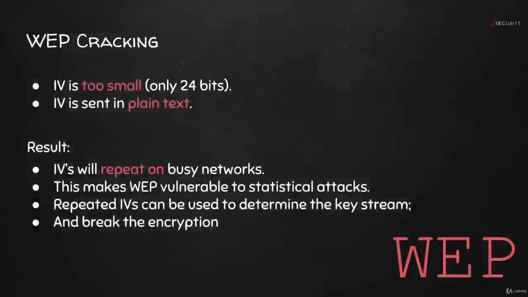Now, considering the huge amount of traffic that can be generated on a Wi-Fi network, this number is not big enough, and the IVs will start getting repeated in a busy network. This makes WEP vulnerable to statistical attacks, so we can use a tool called AirCrackNG to determine the key stream once we have enough repeated IVs, and from that it will also be able to crack WEP and give us the key to the network.